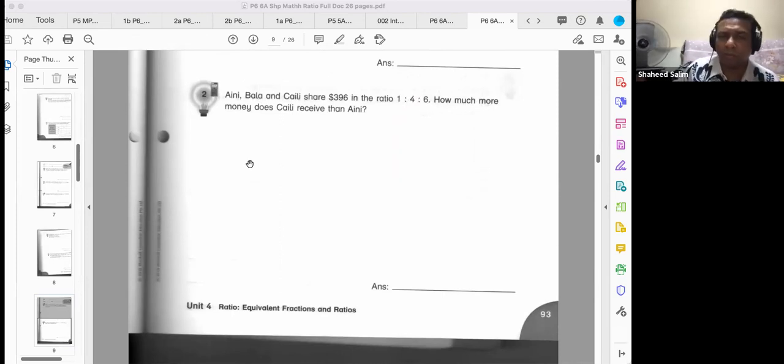They're asking you not for 1, but how much more money does Chaili receive? Okay, Shafia and 3. Okay, if you need to use calculator, please use your calculator or your handphone.